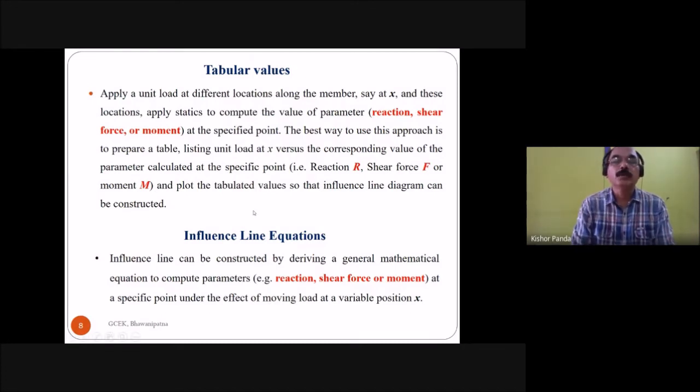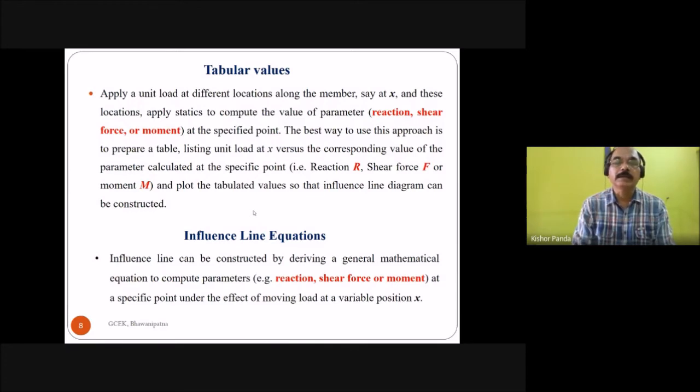Then how to draw the influence line using the influence line equation? Here you have to derive the general mathematical equation to compute the parameters, that is the reaction, shear force or moment, at a specified point under the effect of moving load at a variable position X.